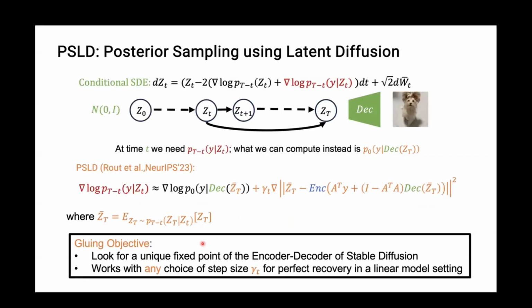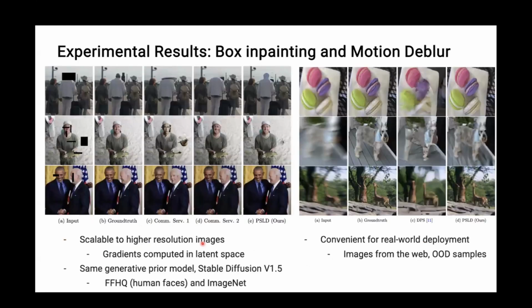We can show some pseudo theory with this for linear systems. We can show it recovers, it's a fixed point, it's an attractor and all that. But more interesting is, as of last December, it was the state of the art in terms of how you could solve these kinds of inverse problems, in terms of image quality.